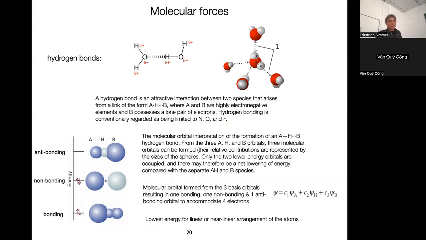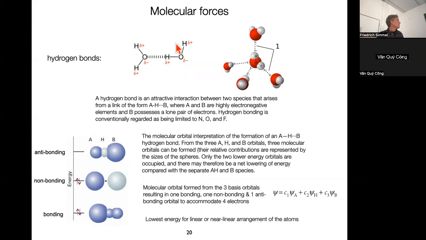Another thing that is important in biology are these hydrogen bonds, and these play an important role also in DNA. And they occur because we often have chemical bonds between something that is very electronegative and hydrogen.